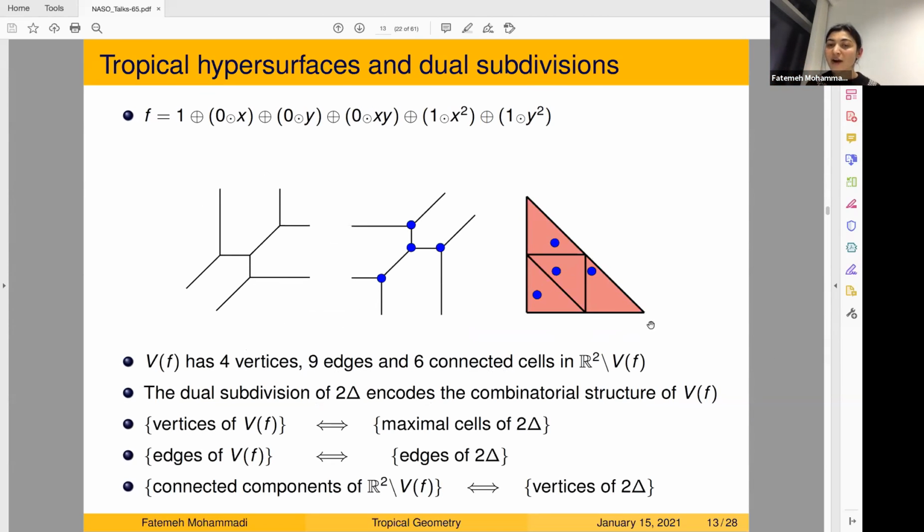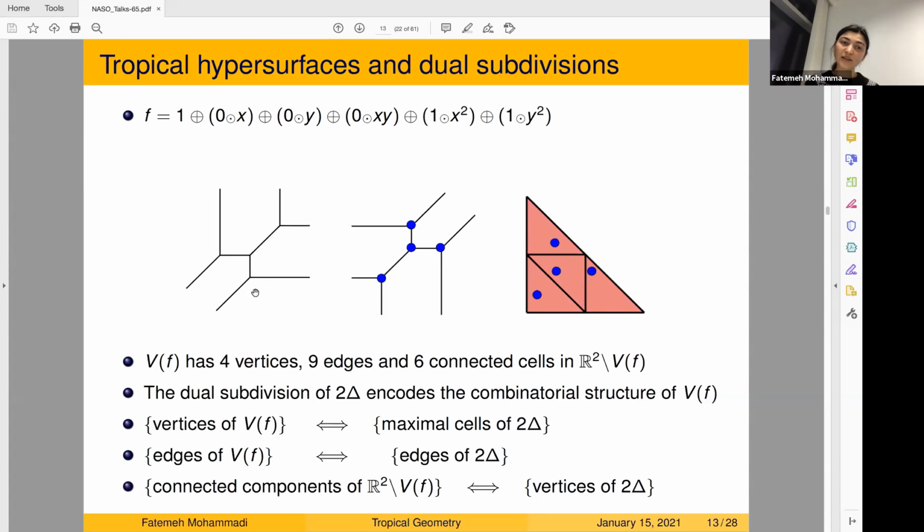And this graph that I see here has similar properties, but in a dual sense. The vertices of this graph correspond to the maximal cells of my polytope, which has 4 two-dimensional cells. And the edges of my tropical curve correspond to the edges of this picture.